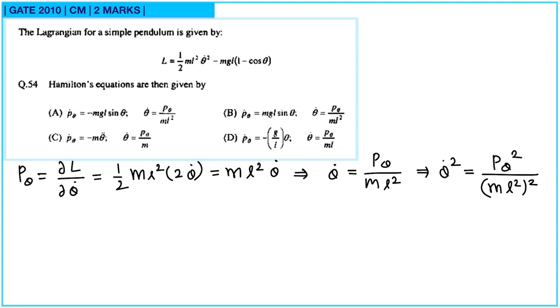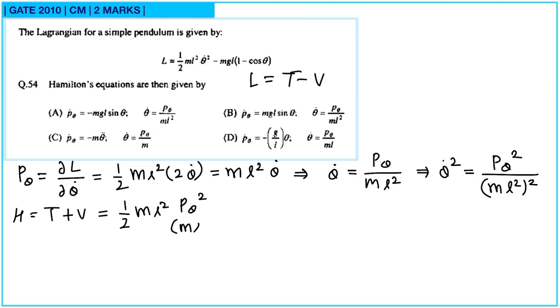Now L is written as T minus V, that is kinetic energy minus potential energy, and H is equal to T plus V. So this is equal to half m l square into theta dot square, which is half m l square times p theta square upon m l square whole square, that is kinetic energy, plus potential energy, which is m g l into 1 minus cos theta.